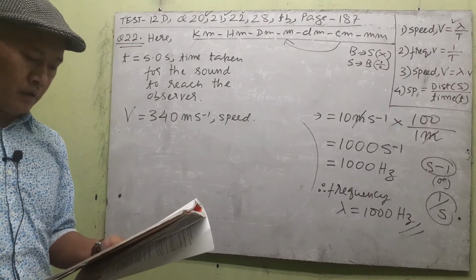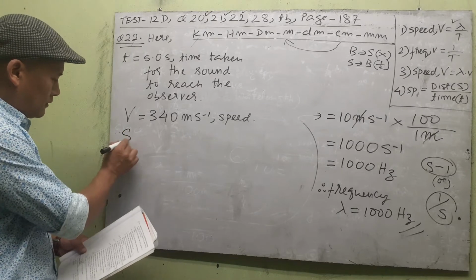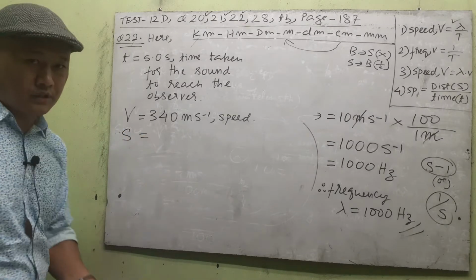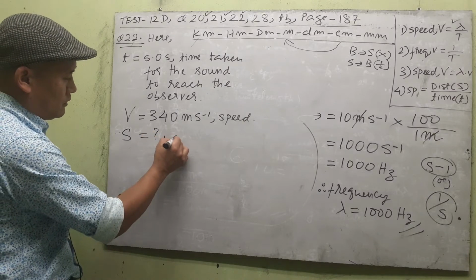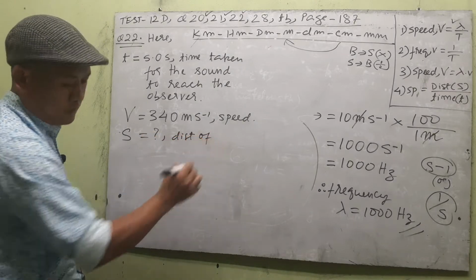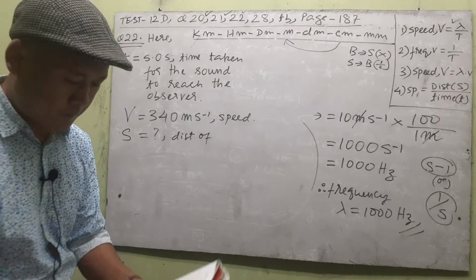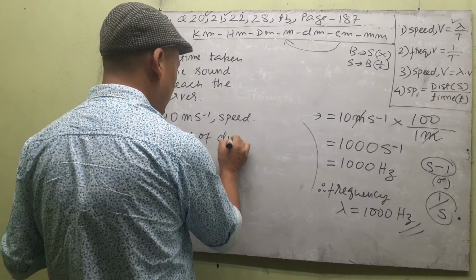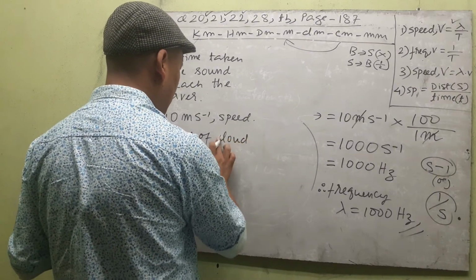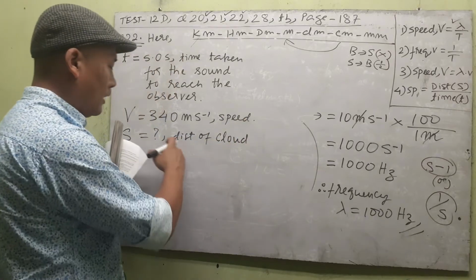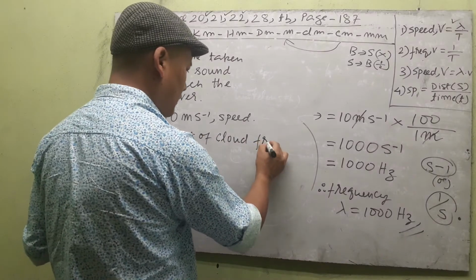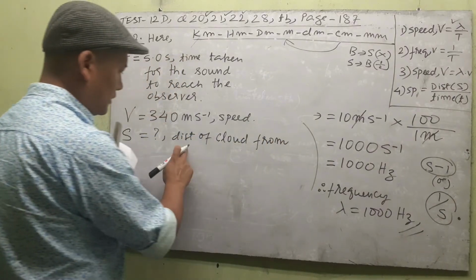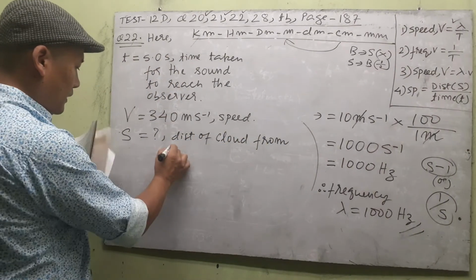How far is the cloud from the observer? That is distance. In this chapter we're using S as the denotation for distance. So this is the distance of the cloud from the observer. Cloud means the point where he sees the lightning, breaking out from the cloud.